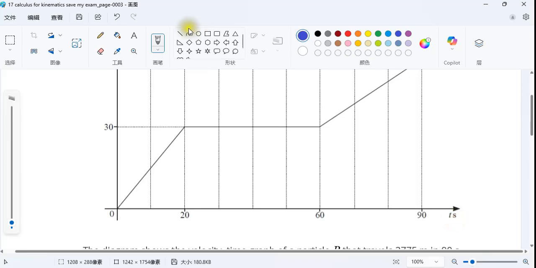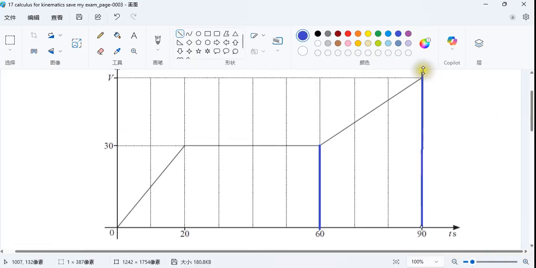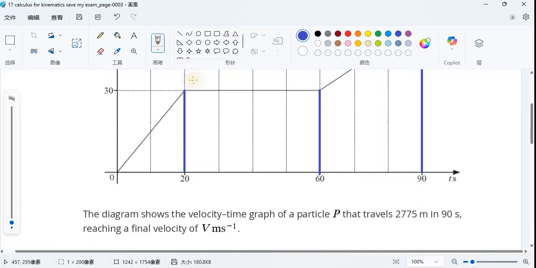Okay, so I can separate this into 2 parts, trapezium and trapezium. I think for some students 2 parts is easier.